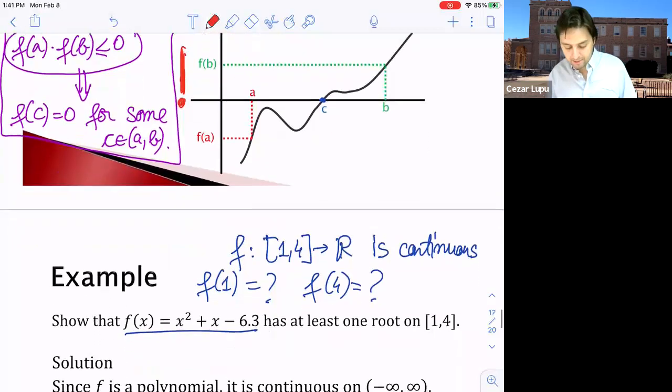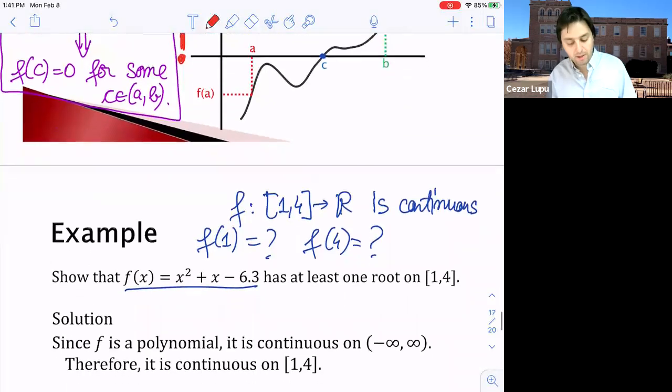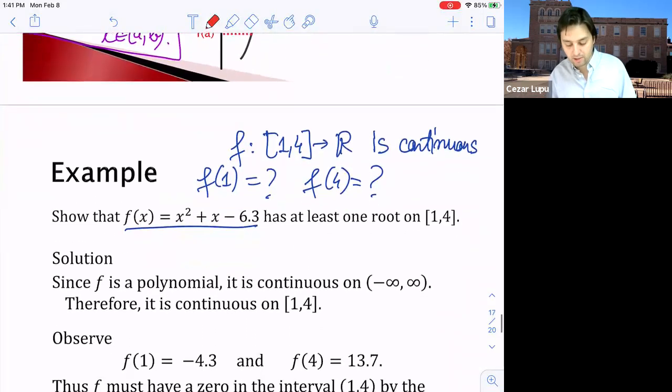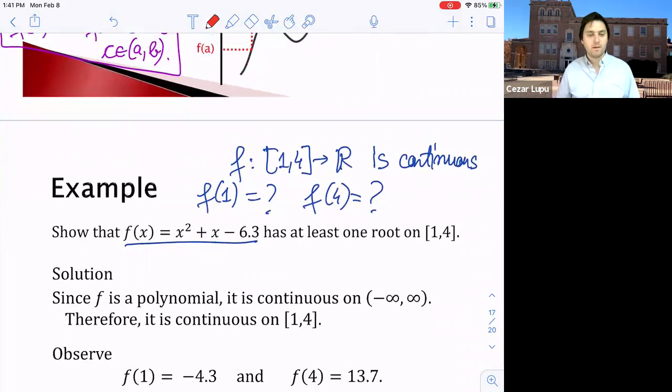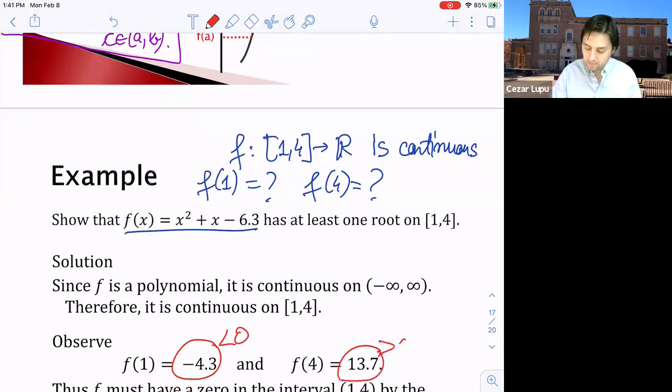So let's see. f is, like I said, a polynomial, so it's continuous. And now let's look at the values of f at the points 1 and 4. So f of 1, if you plug it in, will give you negative 4.3. And f of 4 will give you 13.7. So as you can see, this one is negative and this other one is positive, right?